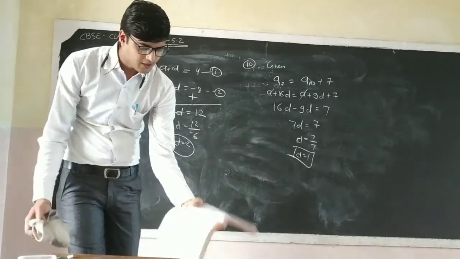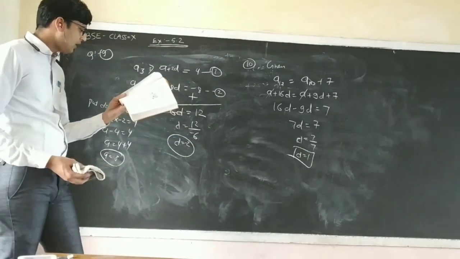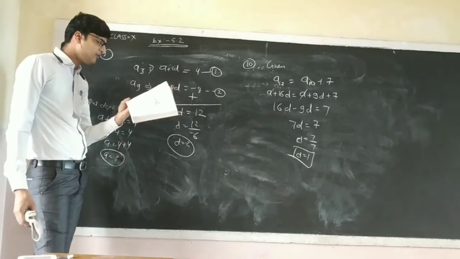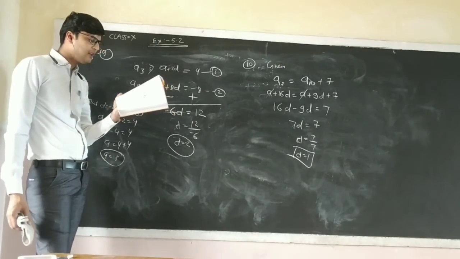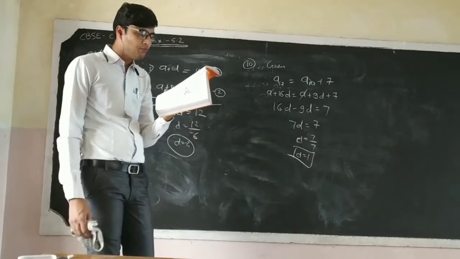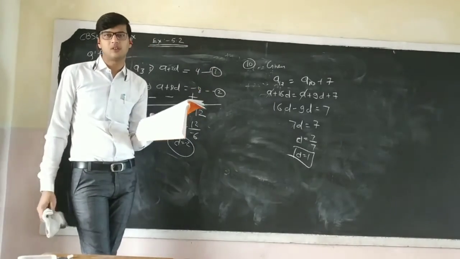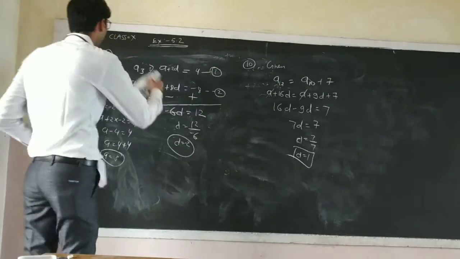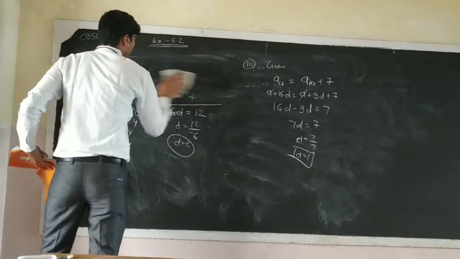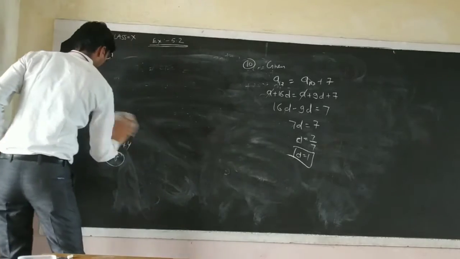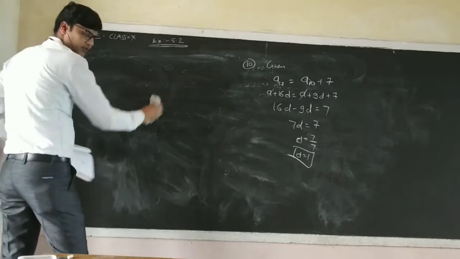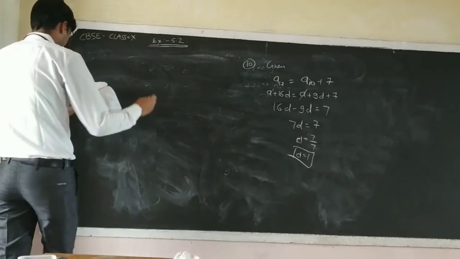Now question number 11: which term of the AP 3, 15, 27, 39 and so on will be 132 more than its 54th term? We can solve this question by the following process.